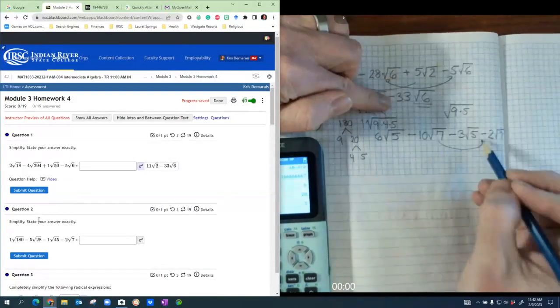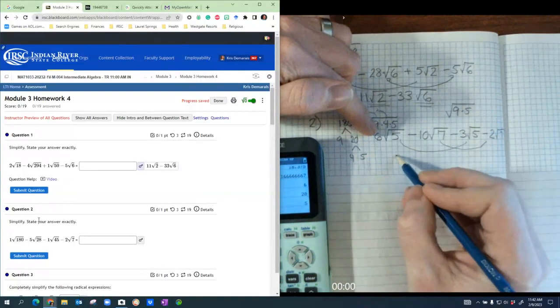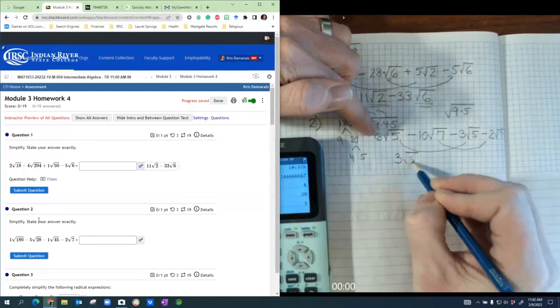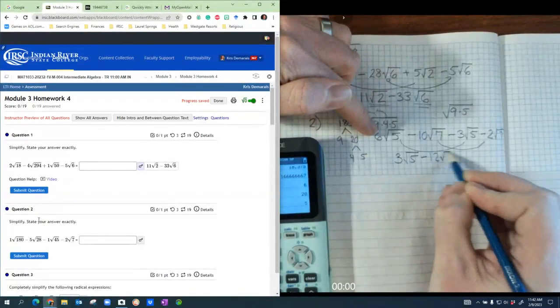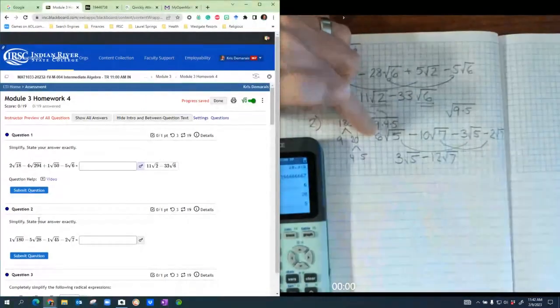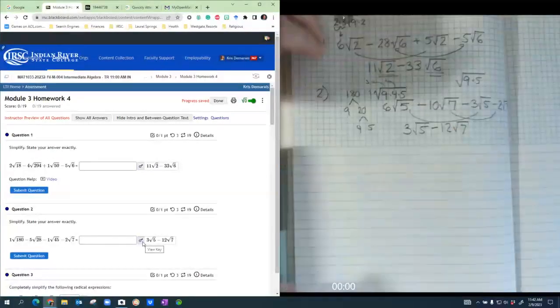So now I'm going to combine these two together and combine these two together. 6 minus 3 is going to be 3 radical 5. And then negative 10 minus 2 is negative 12 radical 7. Notice how I never do anything with the radicals. Once I find that they match, the coefficients are what I deal with. So that's that one.